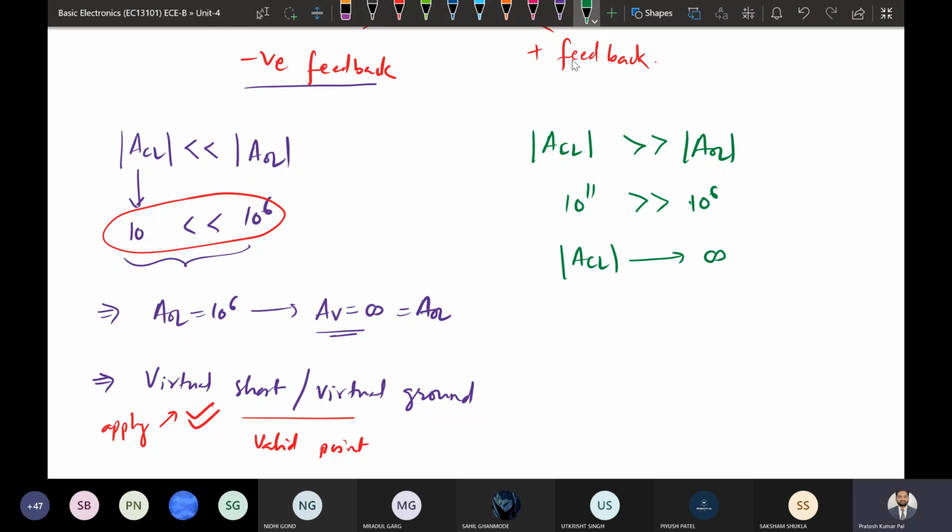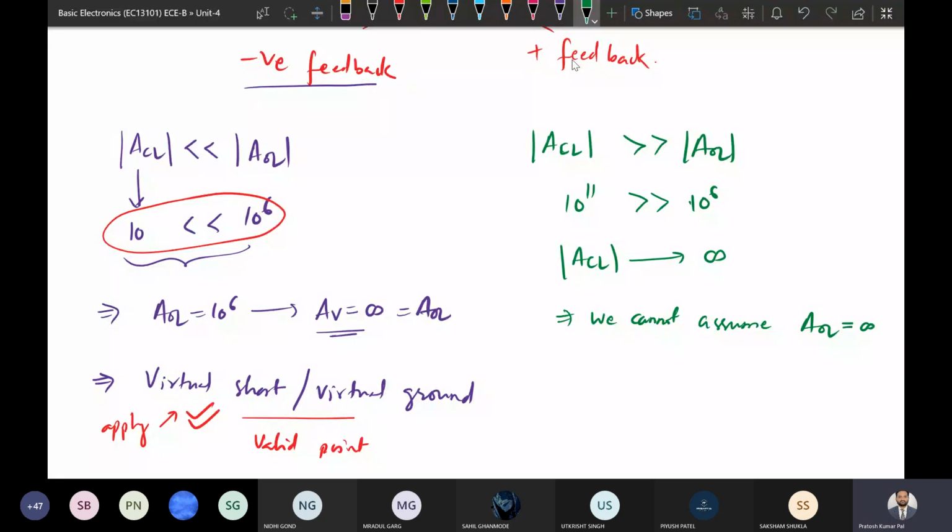So if this is the concept in case of positive feedback, here we cannot assume AOL to be infinity, or open loop gain cannot be considered infinity even if it is 10 power 6.